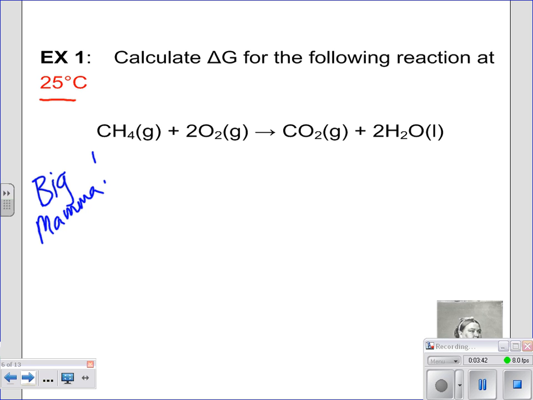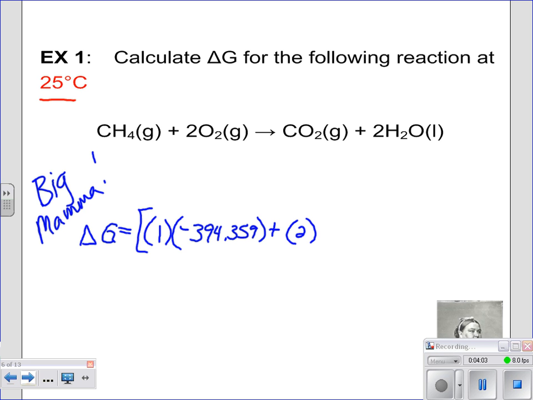In this one, our delta G value is equal to: we look at our products, carbon dioxide, 1 mole of that, times the value I find in my delta G column, plus 2 moles of water, which is negative 237.129.